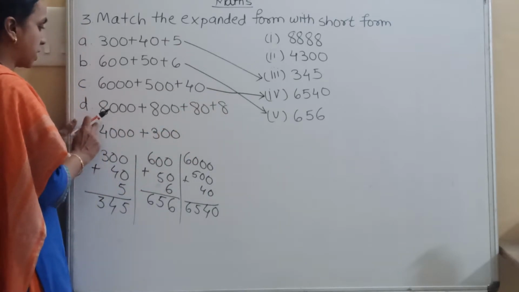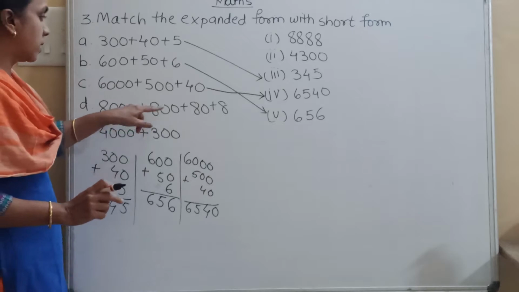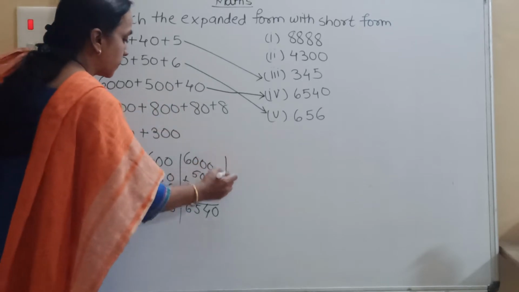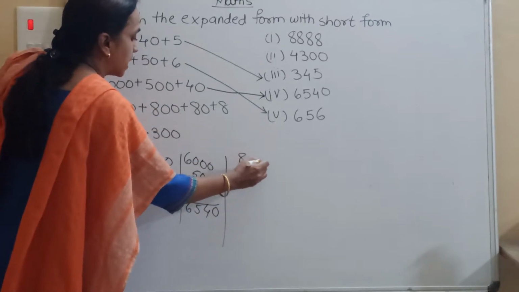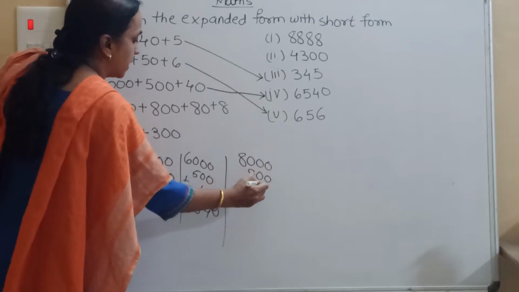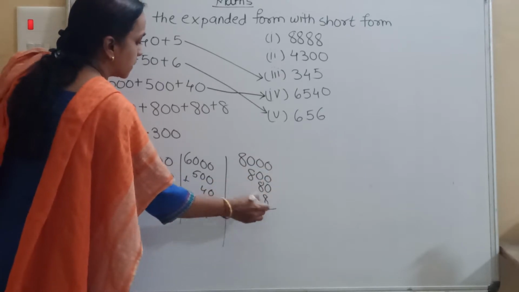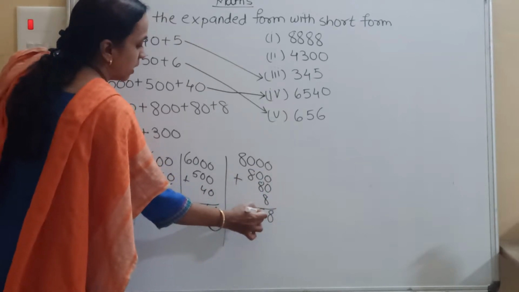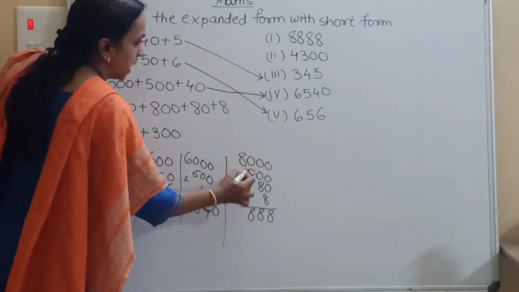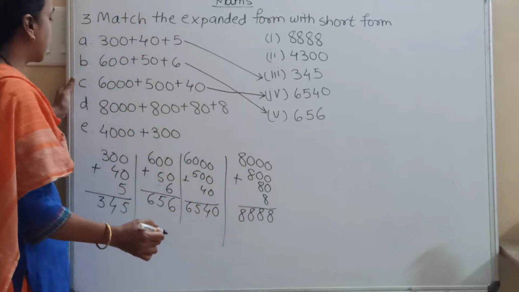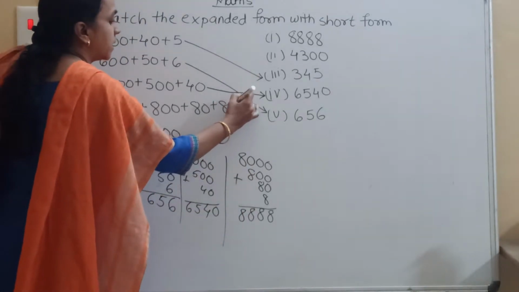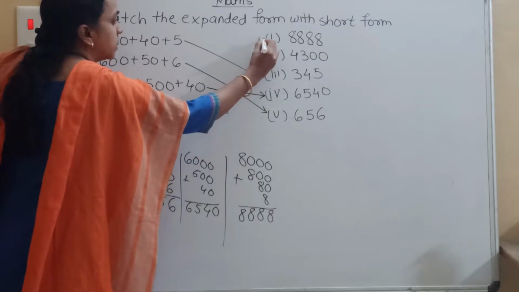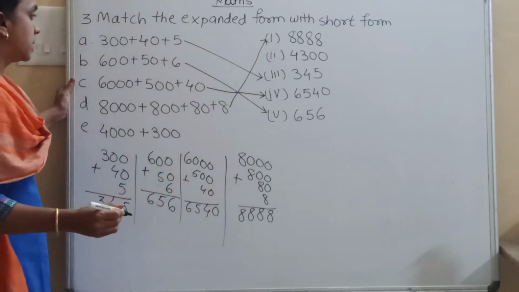Okay, now see the next one. 8000 plus 800 plus 80 plus 8. Suppose we write here 8 plus 0, 8; 8 plus 0, 8; 8 plus 0, 8; and 8 as it is. So what is our answer? 8888. So give this arrow towards this number.